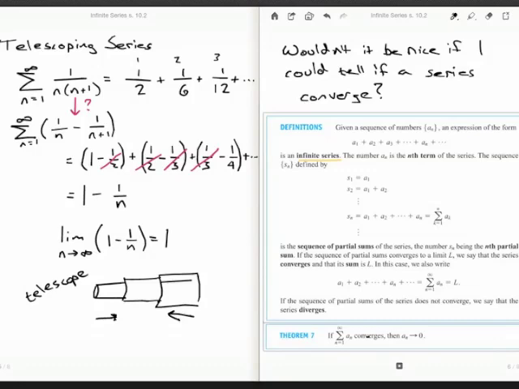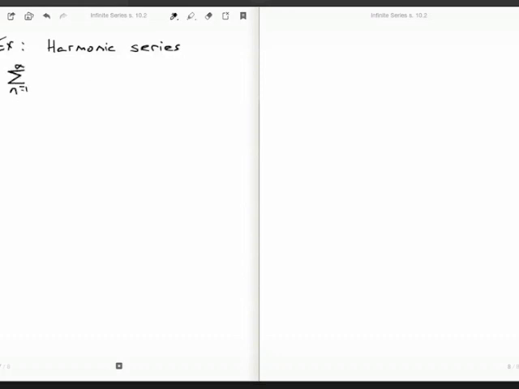All right, well, let's take a look. The next example we're going to look at is called a harmonic series. This series is defined as the sum from n equals 1 to infinity of 1 over n.